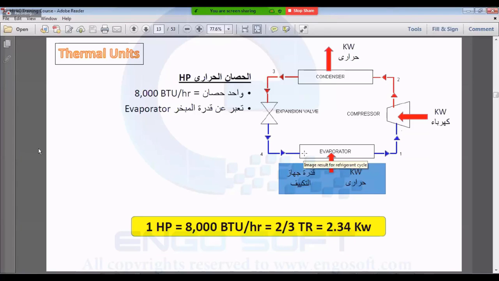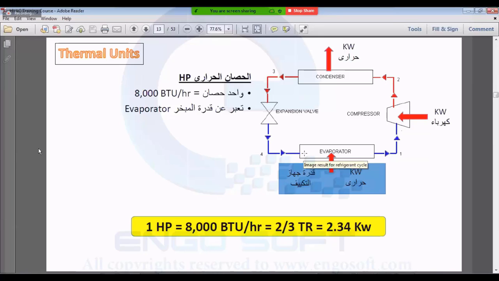If you have 1 horsepower, it is 2/3 ton refrigerant. So if I have 1.5 horsepower, it will be equal to how many ton refrigerant?